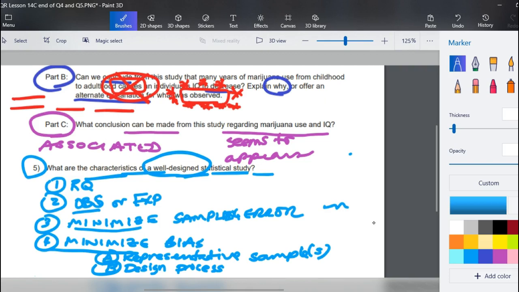You've got to be real stone-faced about it. You've got to just report what you see, and you can't offer explanations. Experimental studies, however, help us to explain why. We're going to be talking more about experimental studies, but right now, just make sure you're focusing on observational studies.